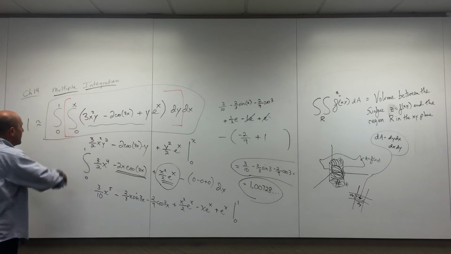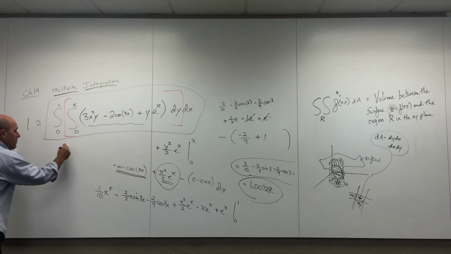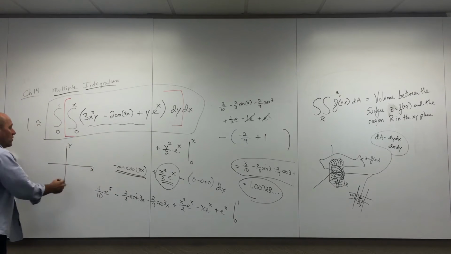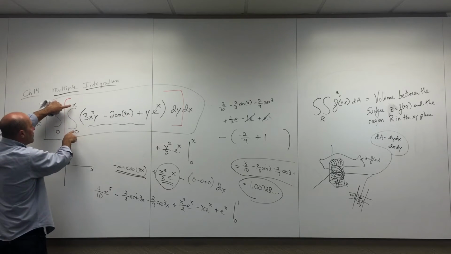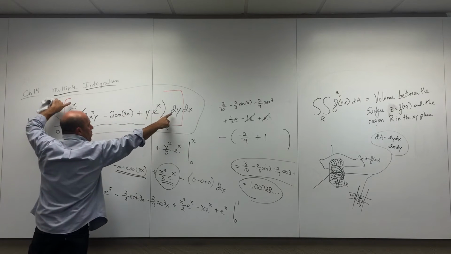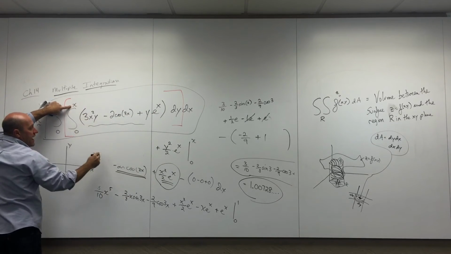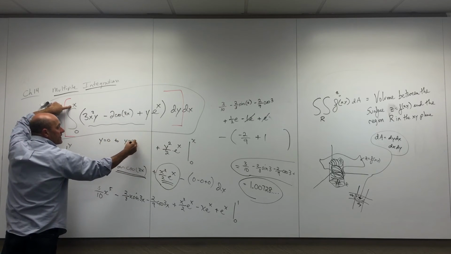So what region am I integrating over? I'm integrating some crazy function, but in the xy plane, I'm just going to draw the xy plane. What do I have here? Now who was this inner variable? This was y. It says that y goes from 0 to x. So y goes from 0 to y equals x.